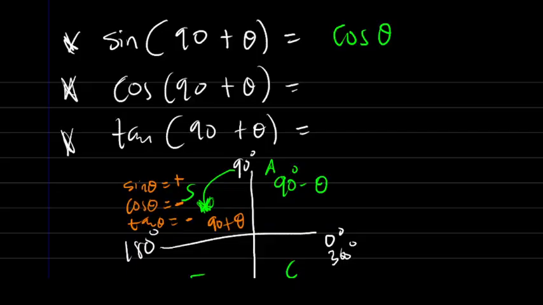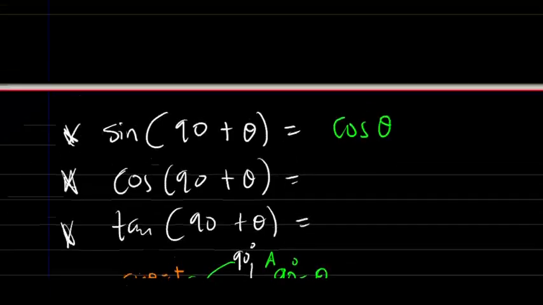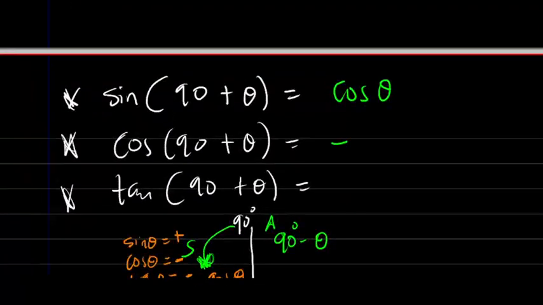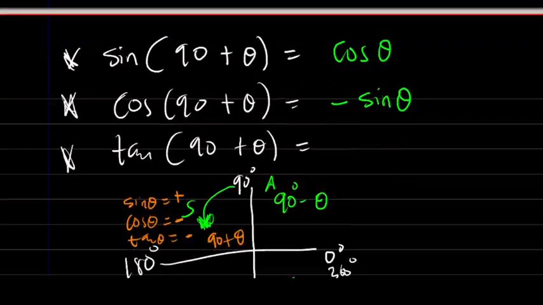That means we are going to have a negative answer, so minus sine theta. Very simple. Now, for tan 90 plus theta, in the second quadrant, tan is negative. So here we are going to have minus cot theta.